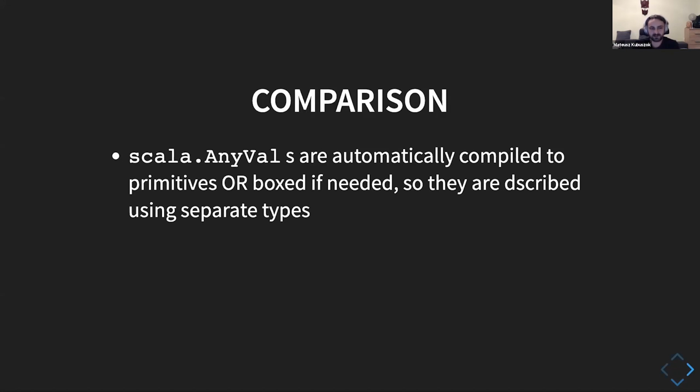If we can use them as primitives, it compiles the JVM bytecode to use primitives. And if it says that we need to use objects, it compiles the JVM bytecode to use objects. So depending on the context, it would use two distinct JVM types that cannot be interchanged, which has the immediate impact for us that we cannot use, for instance, Scala Int for java.lang.Integer. We cannot replace one with the other.